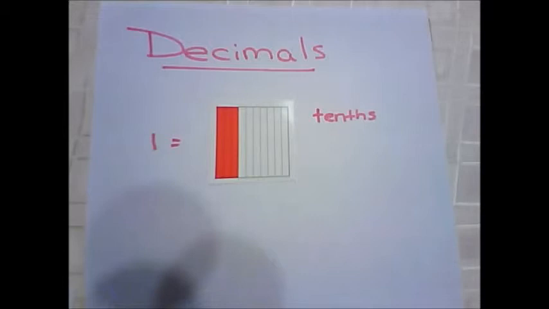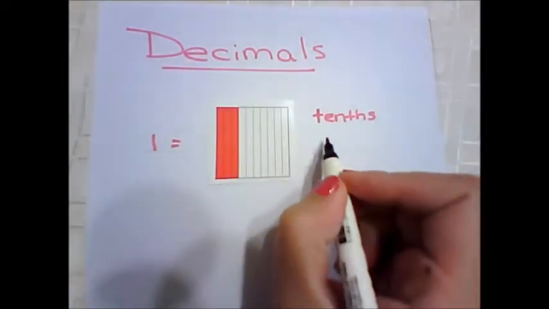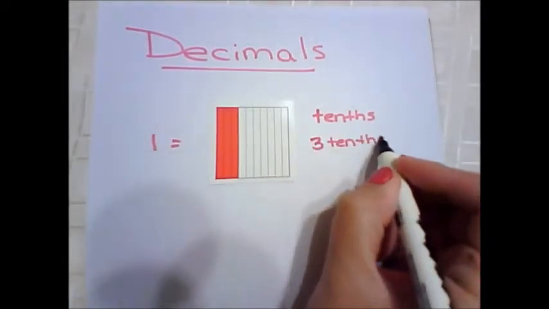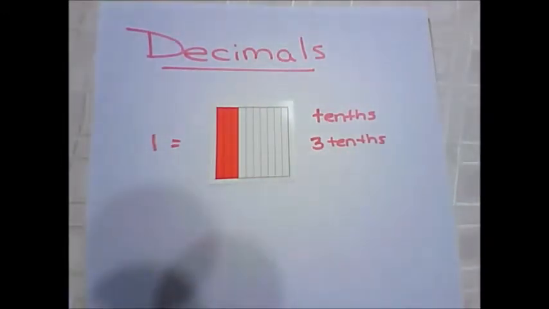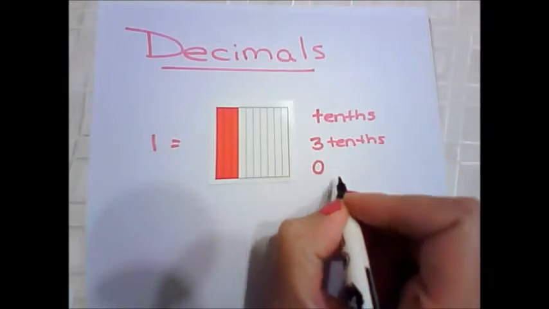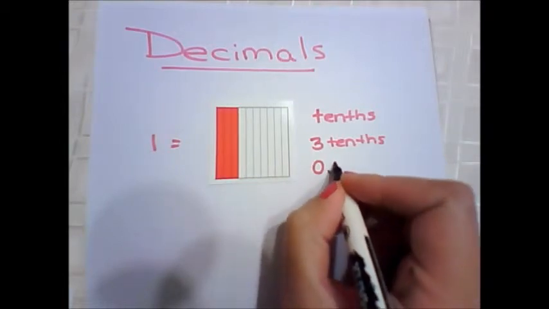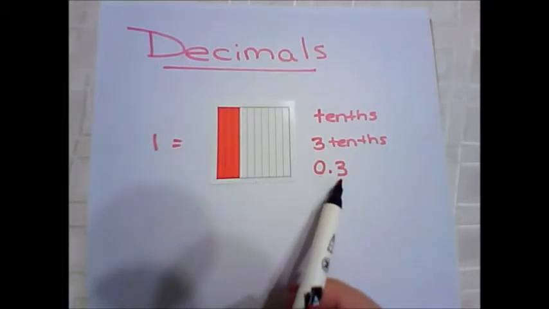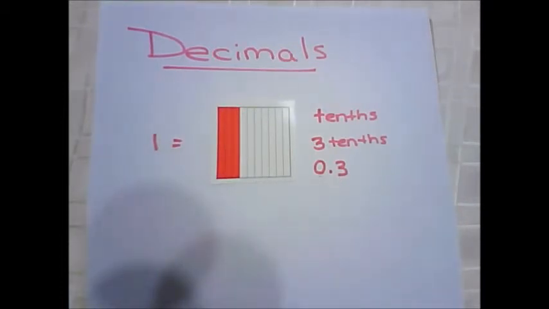Therefore, the representation of this decimal is 3 tenths. We write this as 0 wholes and 3 tenths. This version might look a little foreign to you. We're going to get back to that in just a little bit.